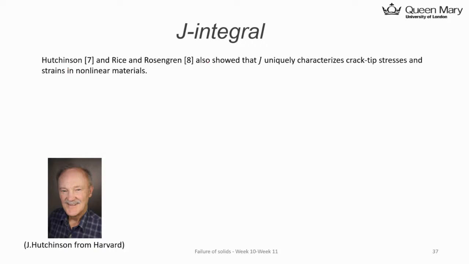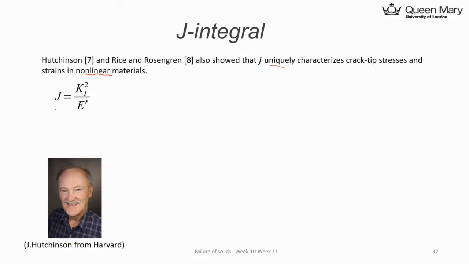Hutchinson, Rice, and these three people showed that the J integral uniquely characterizes the crack tip stress and strain in nonlinear material. Okay, that will give you the unique solution. John Hutchinson is another good guy who is still alive.